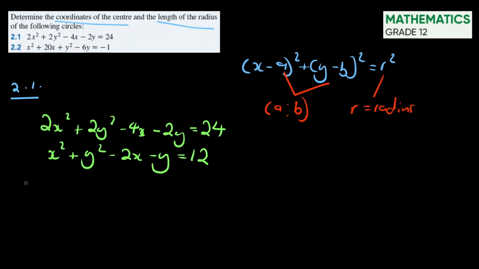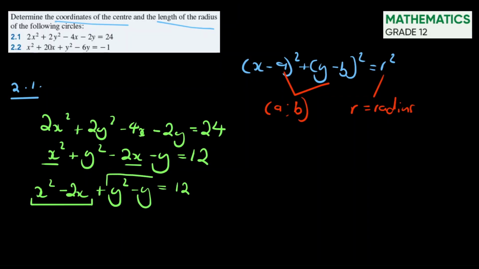What I really like to do as a small hack here is just group the values with x and the values with y. x squared minus 2x, I'm pairing them together. y squared minus y equals 12, I'm pairing them together. As you can see, these are closer to each other, which visually is less intimidating.